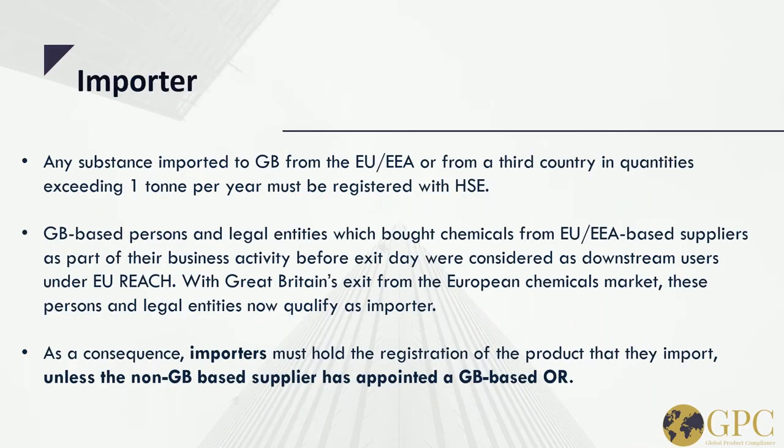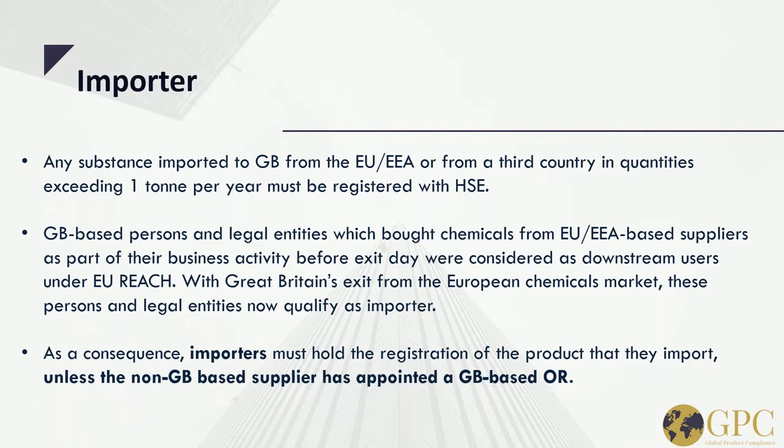Regarding the importers, any substance imported to the UK from the EU or EEA or from a third country in quantities exceeding 1 tonne per year must be registered with HSE. GB-based persons and legal entities which bought chemicals from EU or EEA-based suppliers as part of their business activity before were considered as downstream users under EU REACH, but now they are considered as importers.